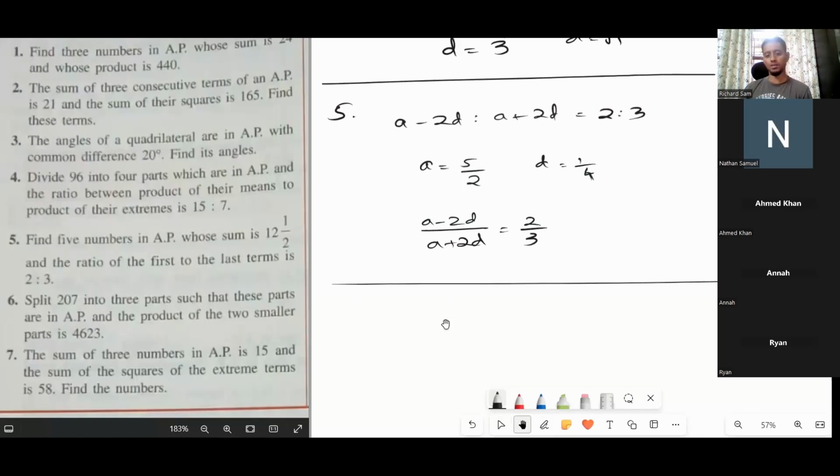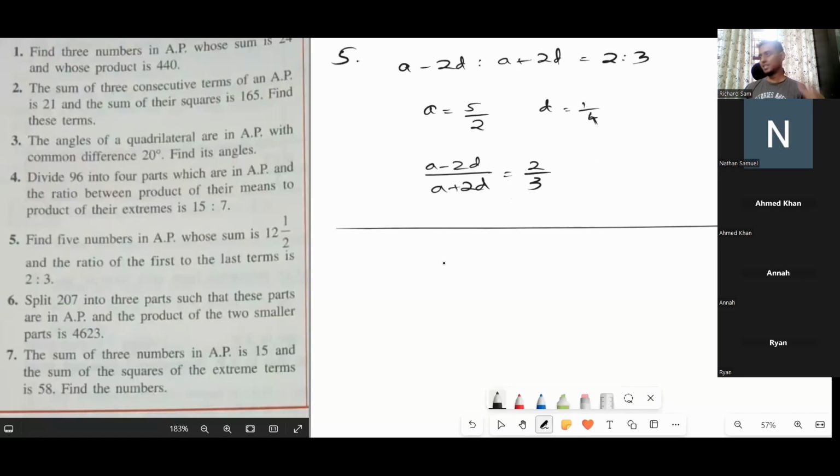Now you're supposed to actually do this chapter after ratio and proportion, because you see there are ratios over here. But anyway, let me give you an example of what a ratio is. 2:3 is a ratio, right? That's what we used over here. Now another ratio is 4:6.